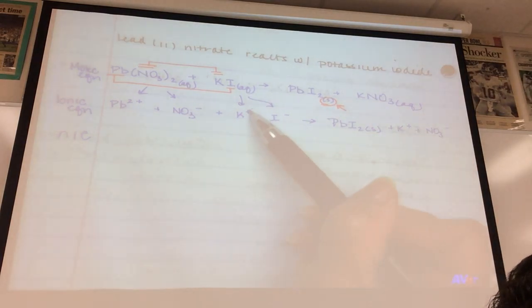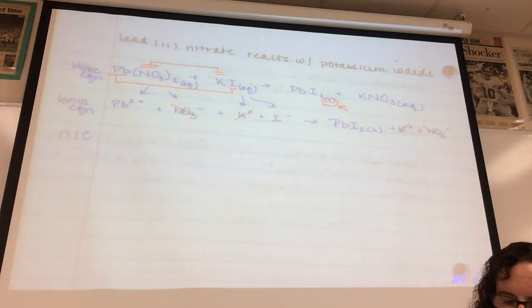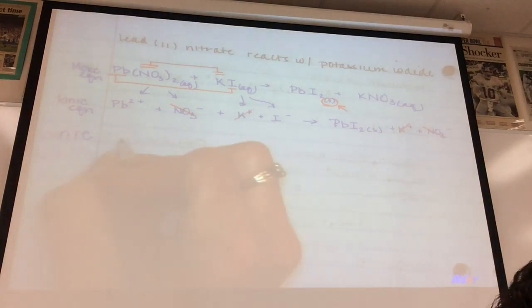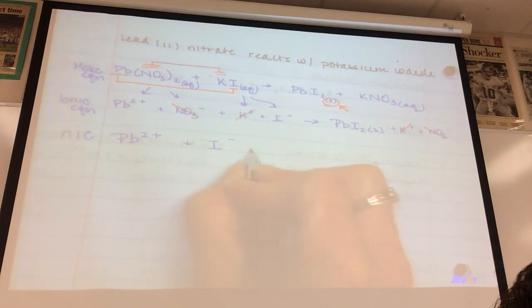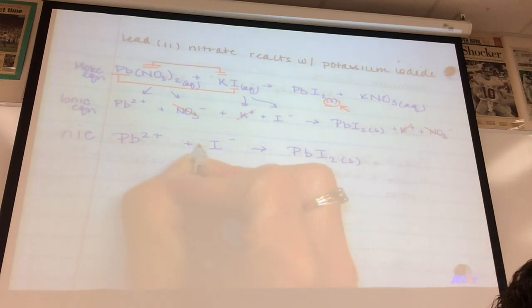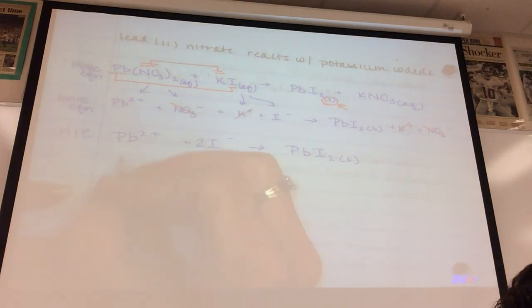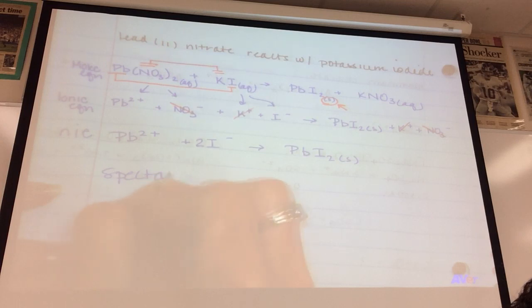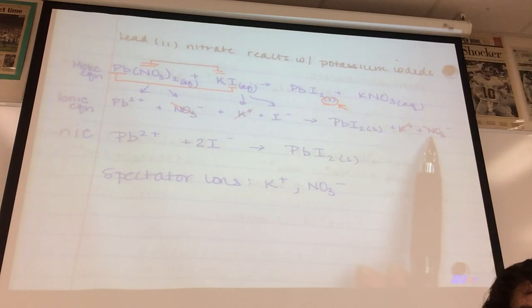Spectator ions then will cancel, and they're not included in the net ionic equation. And then you do, of course, have to balance it. Your spectator ions are not directly involved in the generation of the solid product, and what you will find with your spectator ions is you can always find them in your aqueous product.